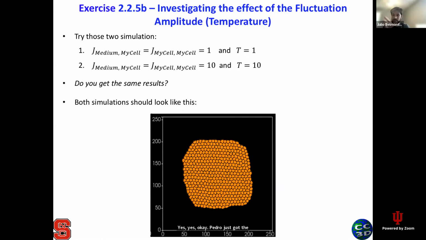We changed the contact energies, but we did not change the energy of the volume of the cells. So there is still that factor, the conservation of volume of the cell, that has not been changed. So it's true, things should happen a little bit slower when you do 1, 1, 1. Thank you, Pedro. Okay, I hadn't thought about that. Yeah, you still have this extra energy term for the volume.